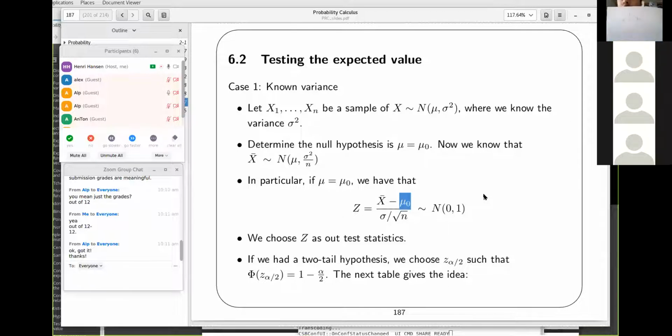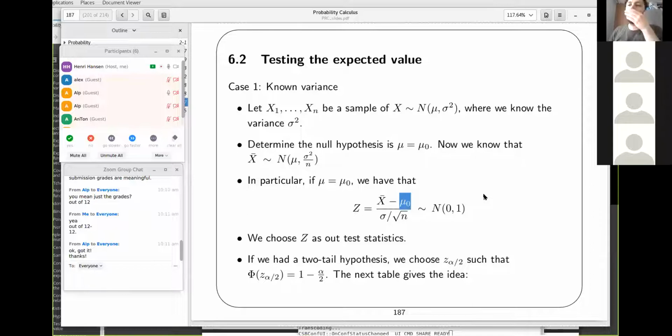So what we're going to do is postulate this from the 0, 1 distribution, and have here alpha over 2 and here alpha over 2 probabilities, right? So the total probability of this region and this region will be alpha.